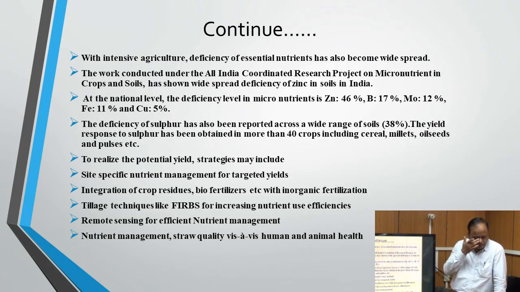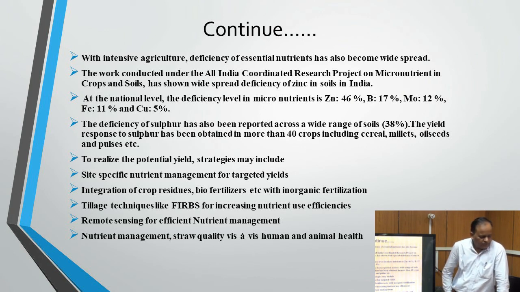At national level, nitrogen, phosphorus, potash, zinc and sulfur deficiency has been found in many parts of India, but nowadays the deficiency of micronutrients has also been found.